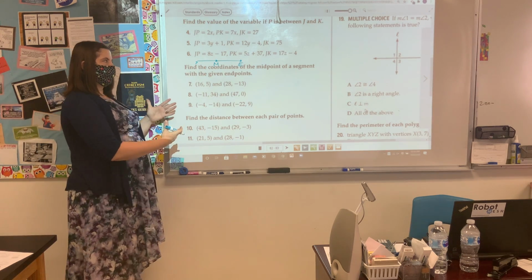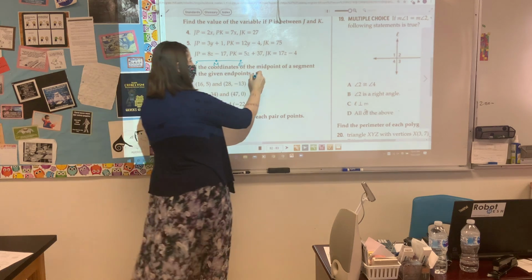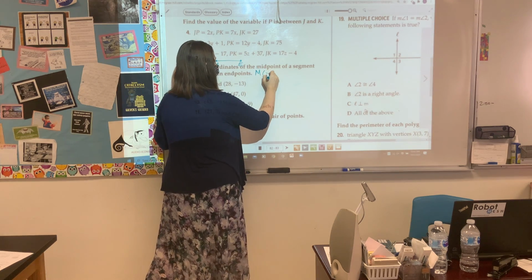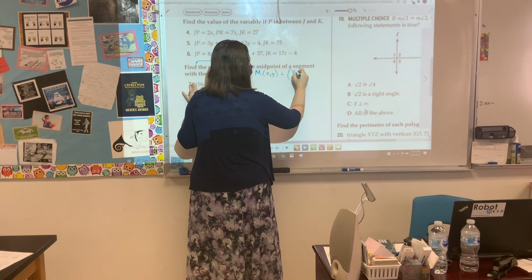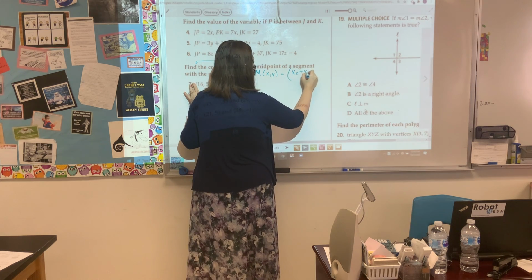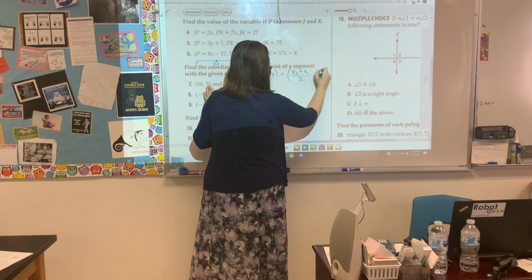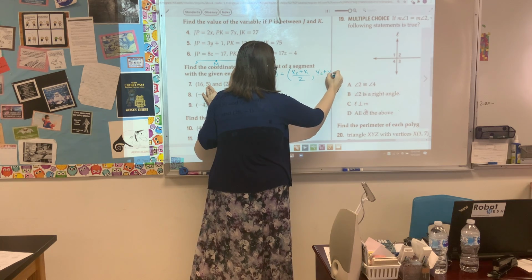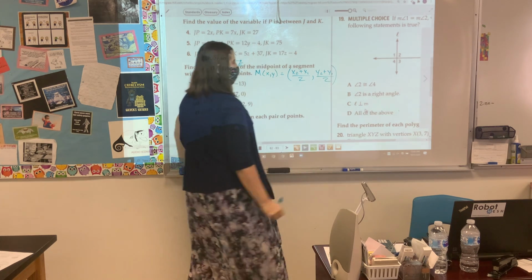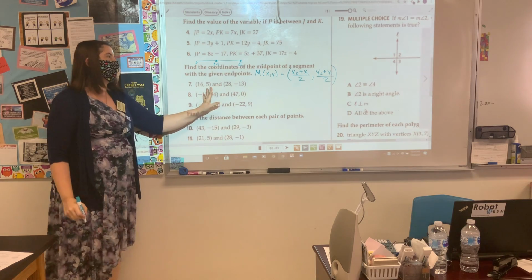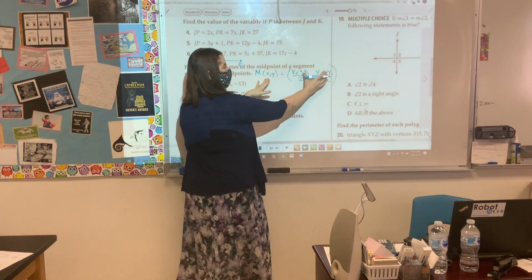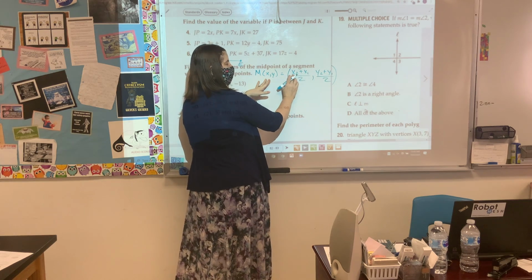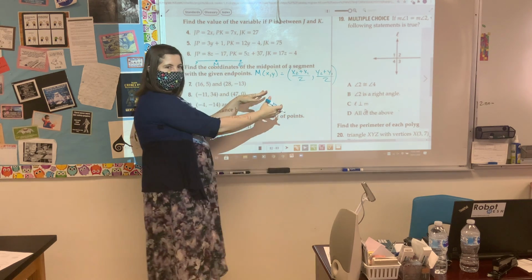So we're using the midpoint formula, where the midpoint (x, y) equals ((x1 + x2)/2, (y1 + y2)/2). Look familiar? And you had to plug in numbers here, and find one of the x's or one of the y's.